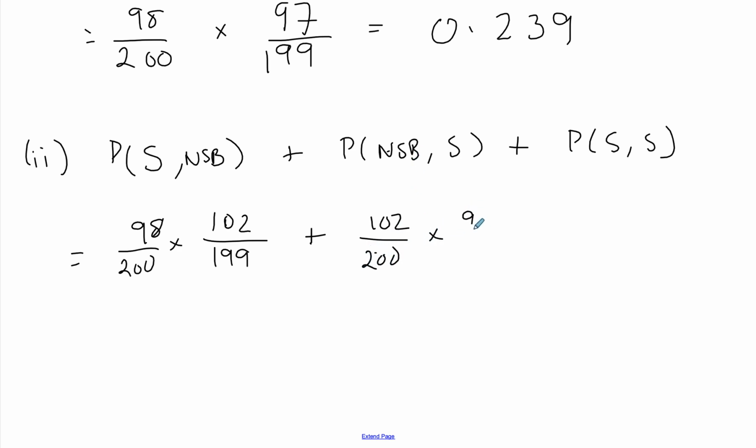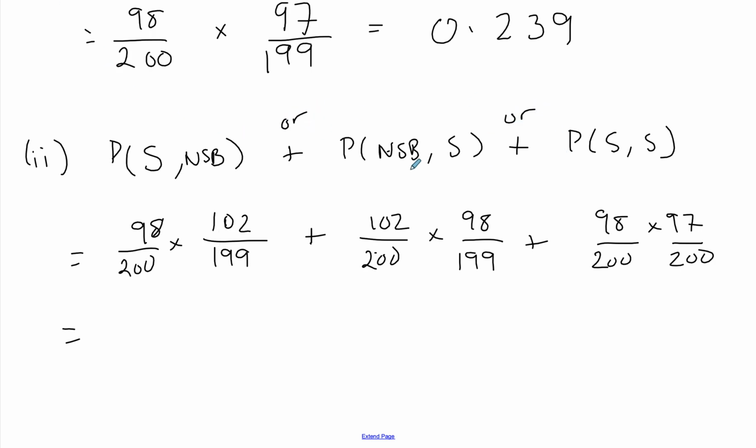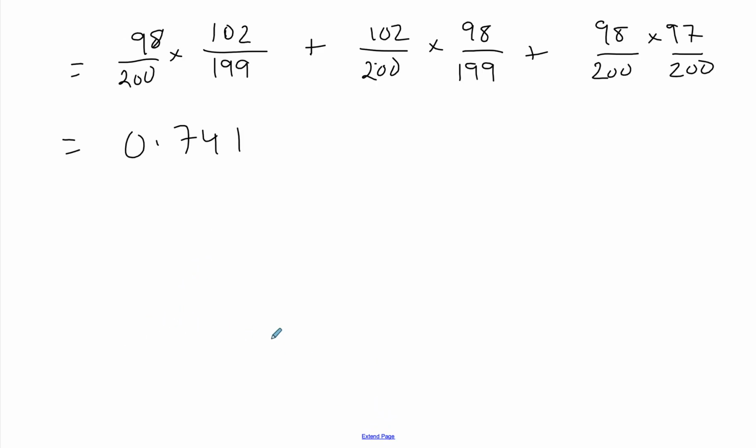And then I still have 98 people with seatbelt, but I have one less person. And then the seatbelt with seatbelt we've done before, so 98 over 200 times 97 over 199. And doing the whole calculations and then adding them together. So because you have options, when you have options, you add those options together, and that's going to give you as a decimal 0.741.